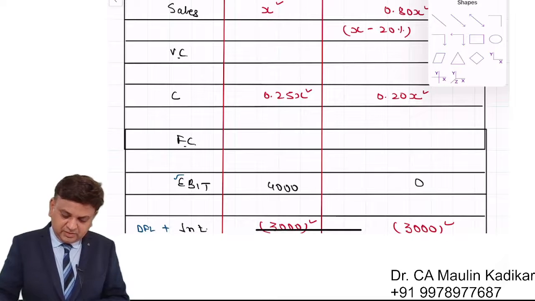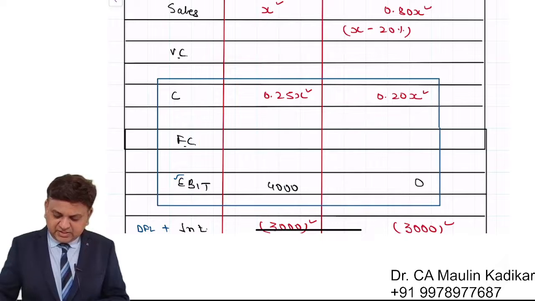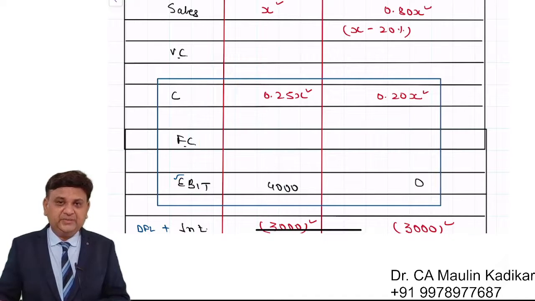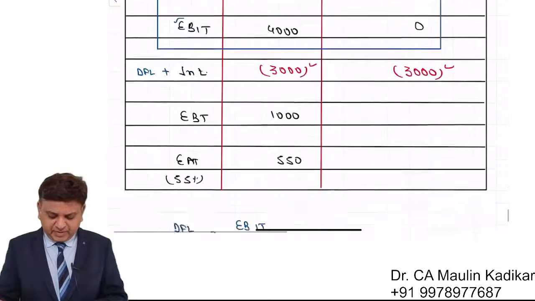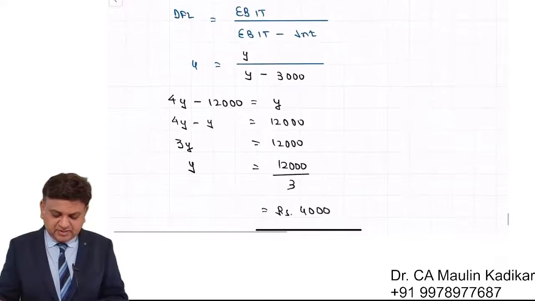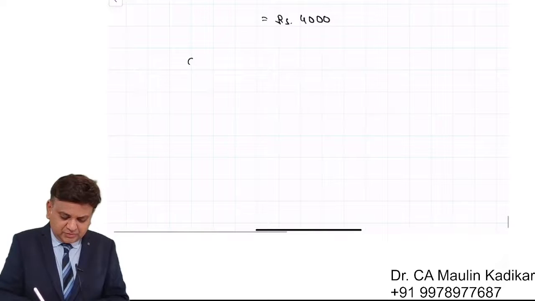There is a change in the contribution, and because of that there is a change in the operating income. Fixed cost is going to remain the same, whatever may be the amount. Listen to me carefully. Calculation of sales.